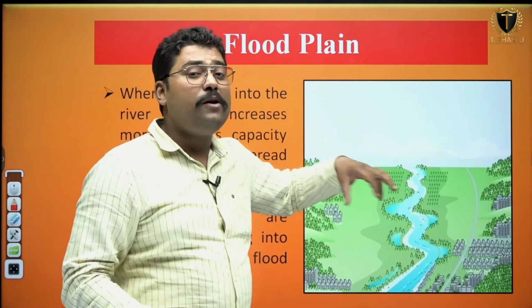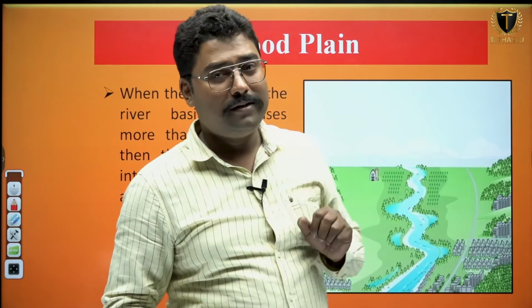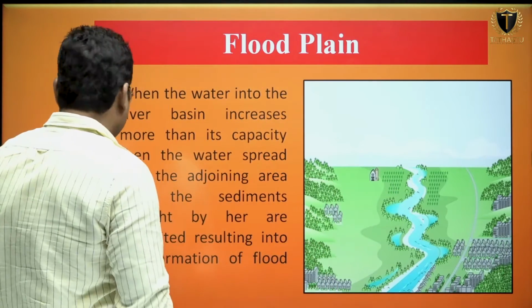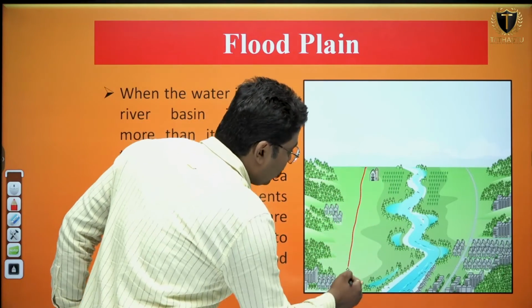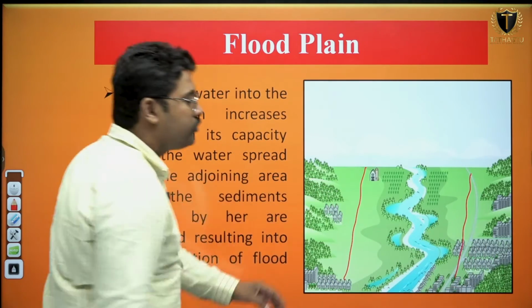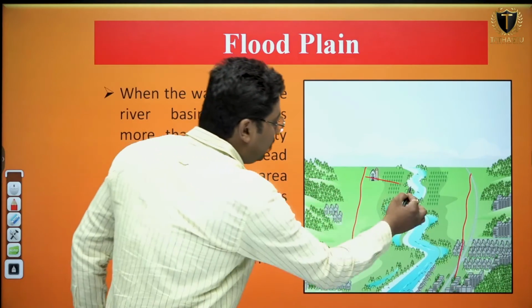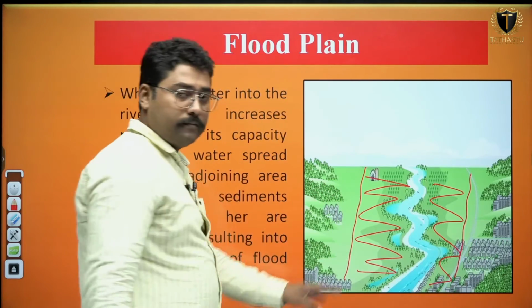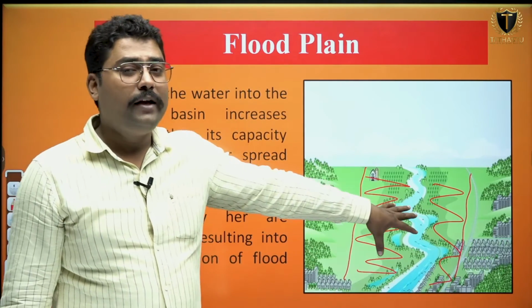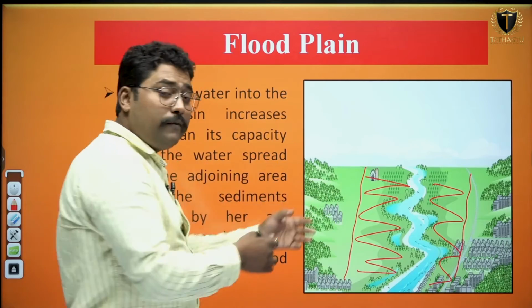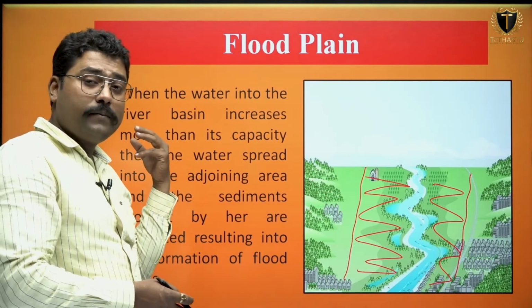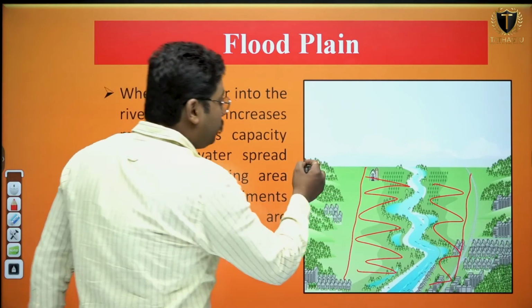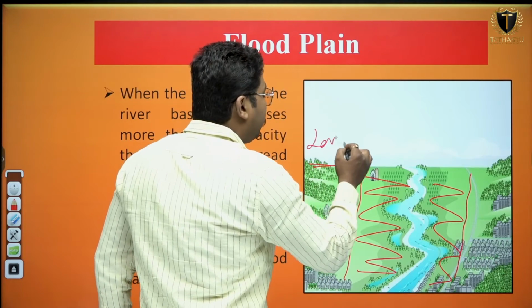In the floodplain also, there are two areas. One area in the floodplain is where every year the flood used to come, meaning the nearby area of the river getting flooded every year, and the area which is away from the river mainstream is going to get flooded over a long period of time.